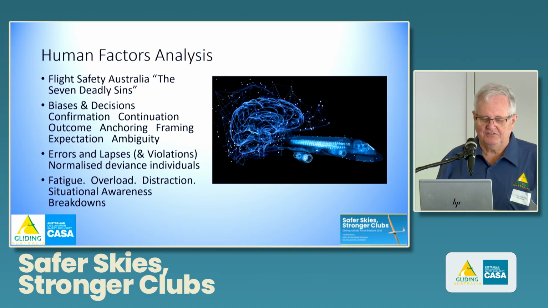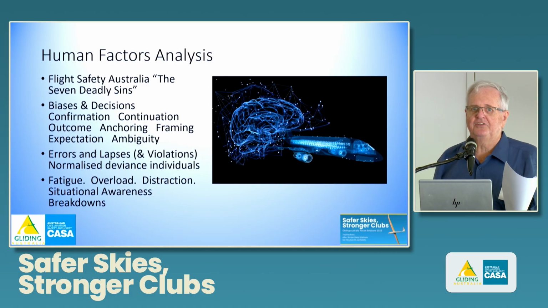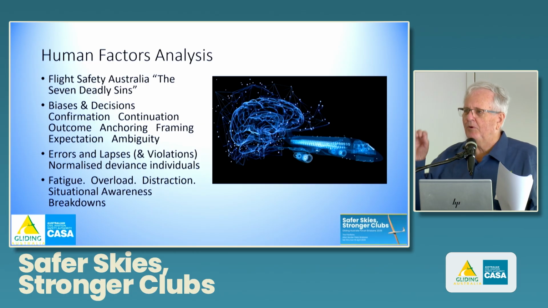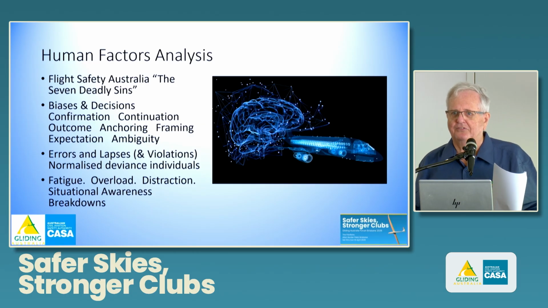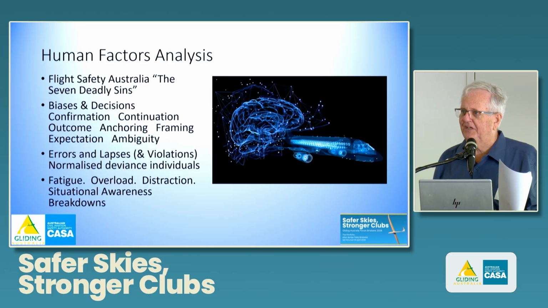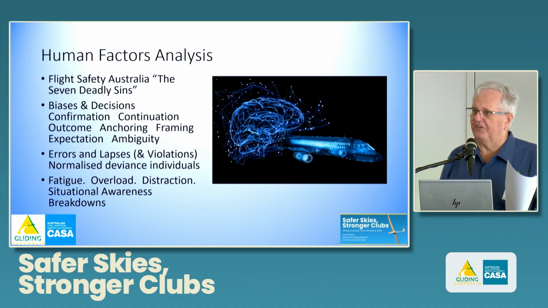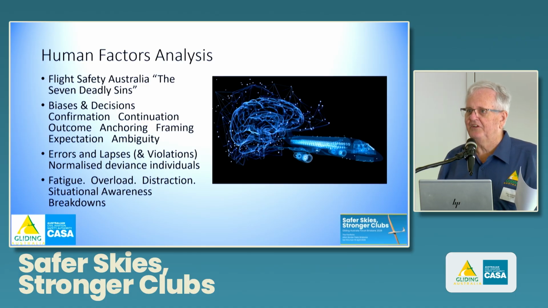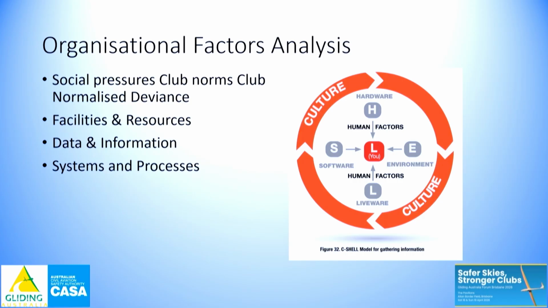Fatigue, distraction, overload, things driving situational awareness breakdowns, they're high priority for us to understand, but we don't have lots of data for this. The data systems need to evolve to capture some of these post-accident insights and help us understand those trends.